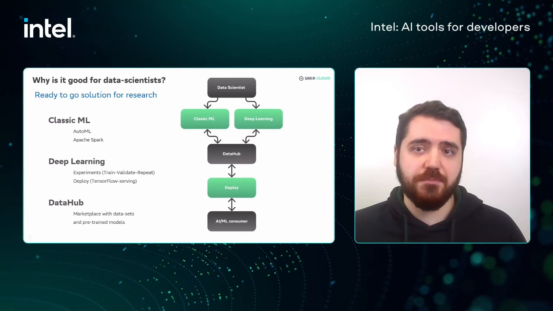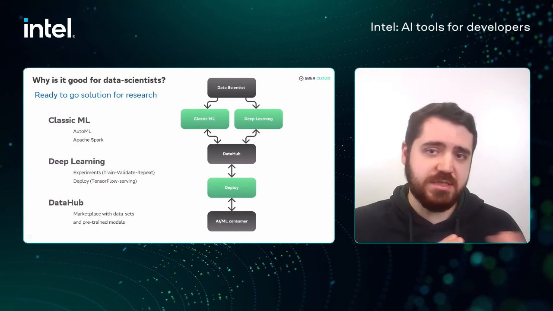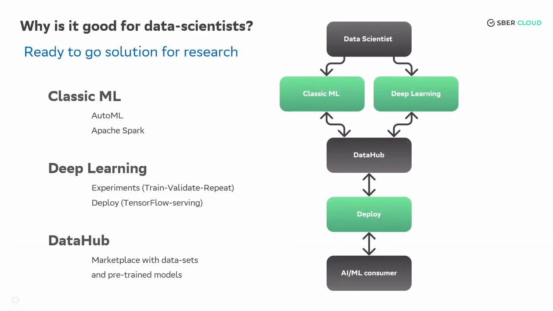Why would data scientists need it? This tool makes it possible to improve work with classical ML solutions and with new neural networks. All that is accelerated because of the work Intel engineers have done. Deep neural networks are accelerated in TensorFlow and other frameworks.